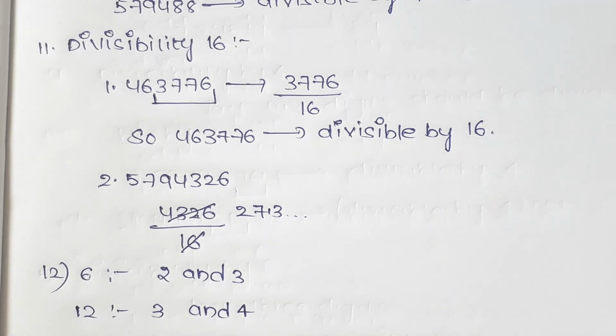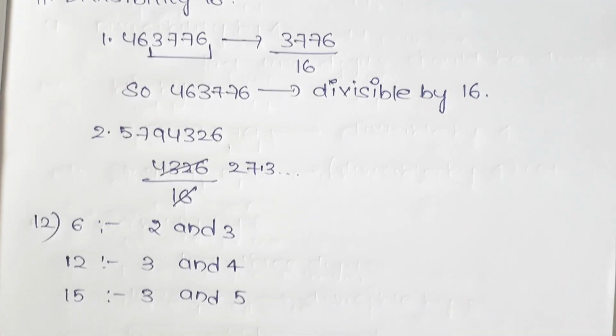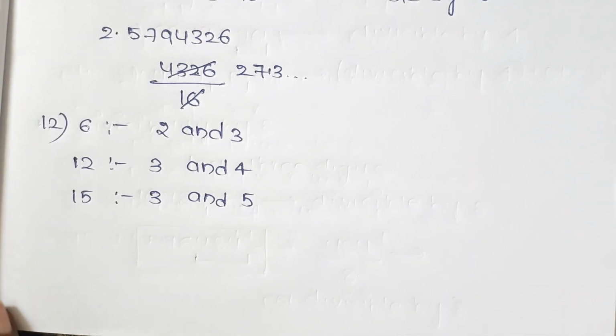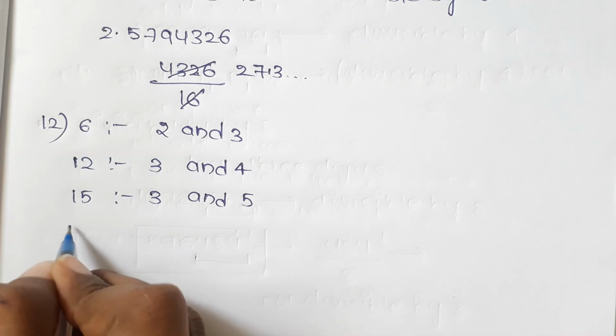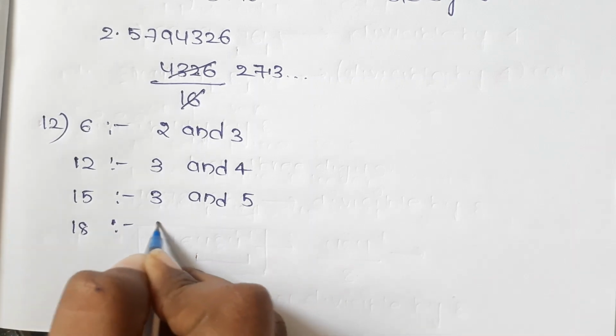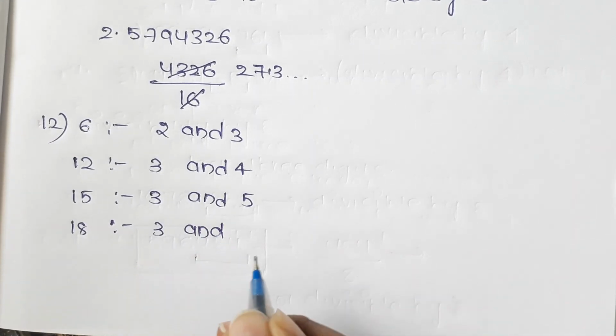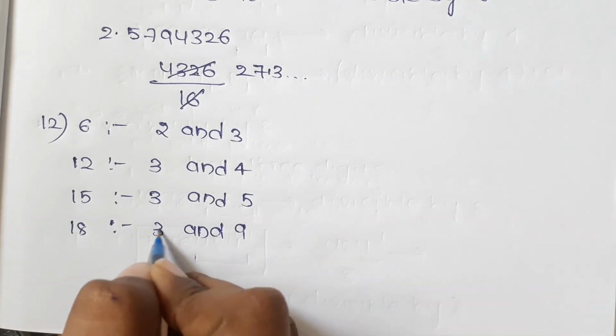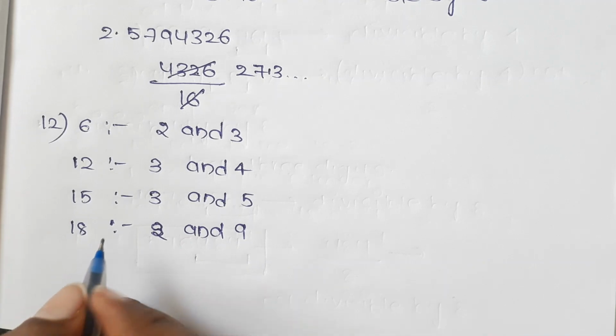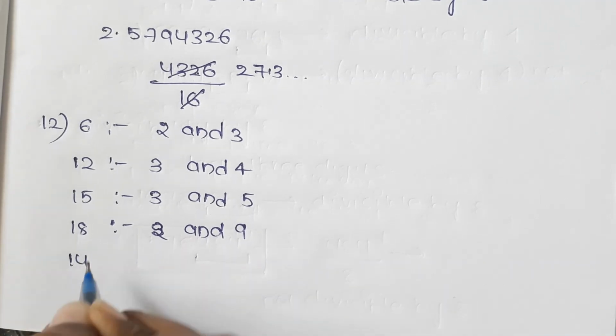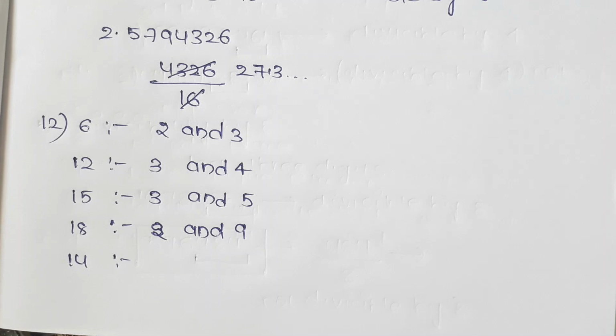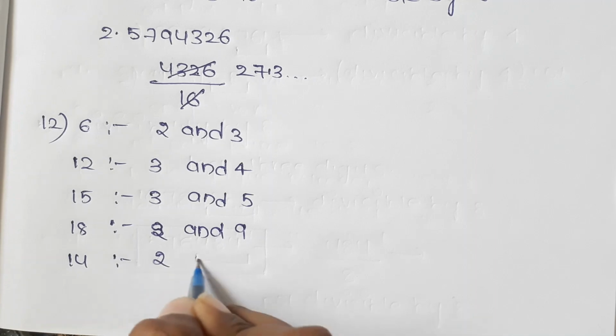A number is divisible by 15 if it is divisible by 3 and 5. And similarly, for 18, a number is divisible by 18 when the given number is divisible by 2 and 9. And the next one is 14. A number is divisible by 14 when it is divisible by 2 and 7.